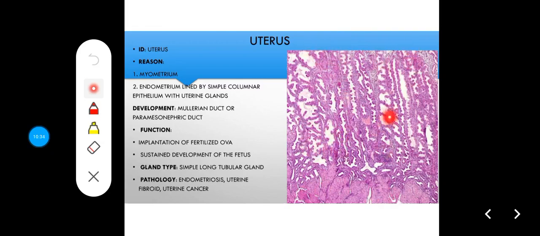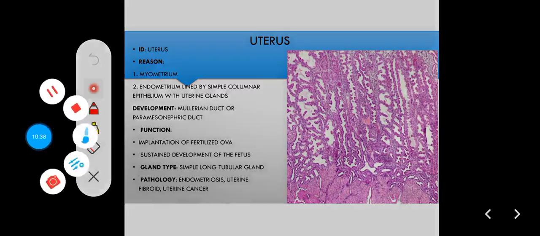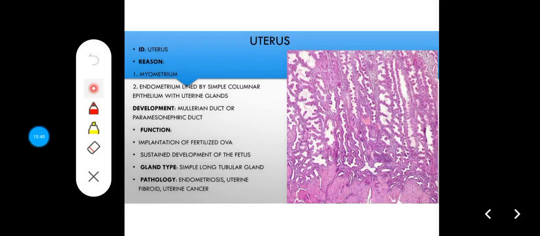One striking thing about the endometrium is these numerous glands, and notice that in this image they appear kind of serrated. This is due to the phase of the uterine cycle in which the endometrium is in.